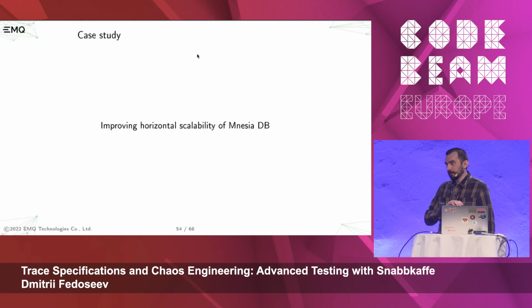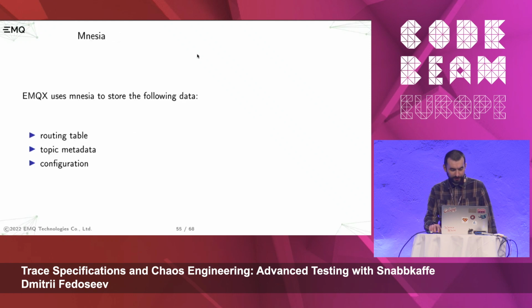So to illustrate all the concepts that I described previously, let's talk about one of our projects that uses trace-based testing extensively. It's related to improving horizontal scalability of the Mnesia database. EMQX uses Mnesia to store the following data: the routing table, topic metadata, configuration, and some more.